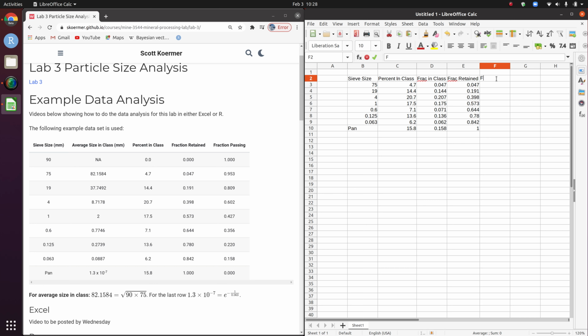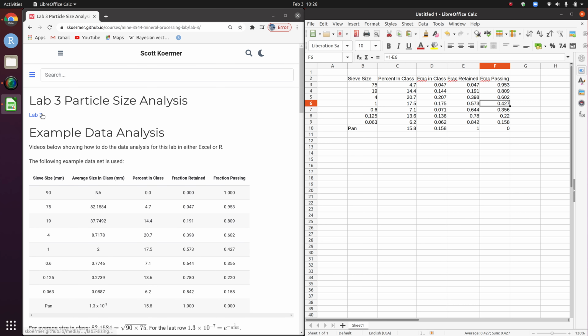Now for fraction passing. So if you're working in percent, you just do 100 minus the percent retained. We're working in fractions, so we are just going to do 1 minus the fraction retained. All right, so now let's look at how we're going to fit these equations.